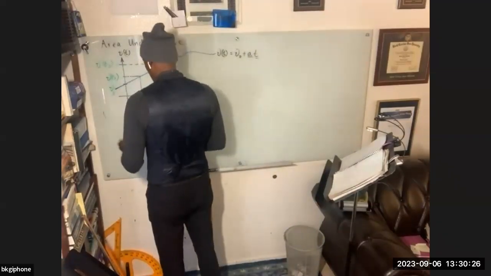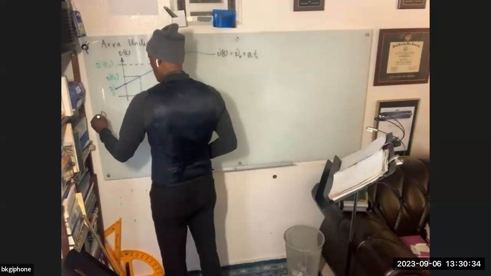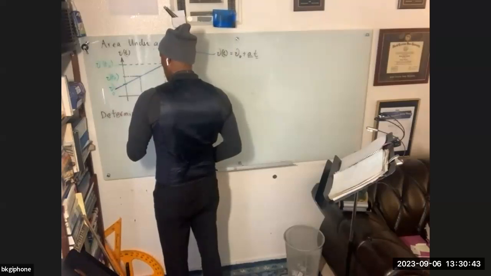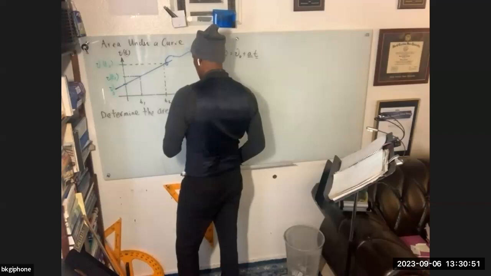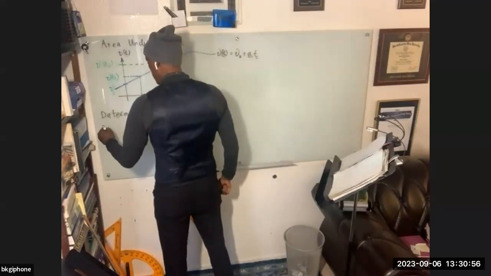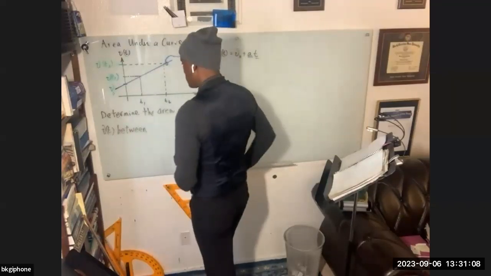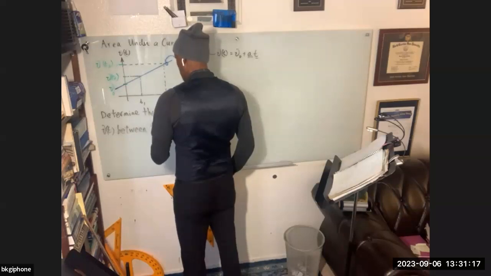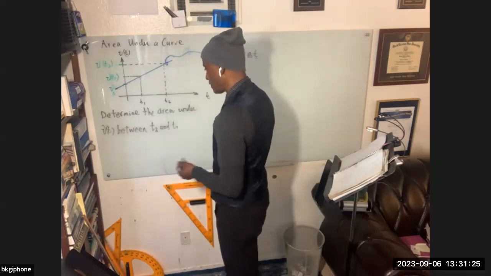That is, determine the area under the curve v of t between t2 and t1.